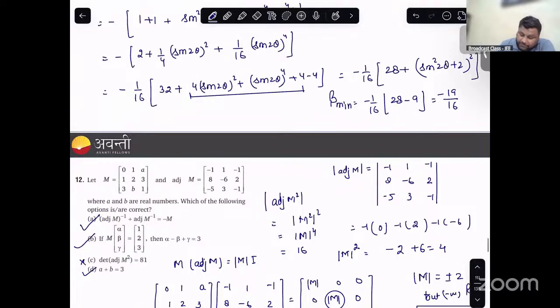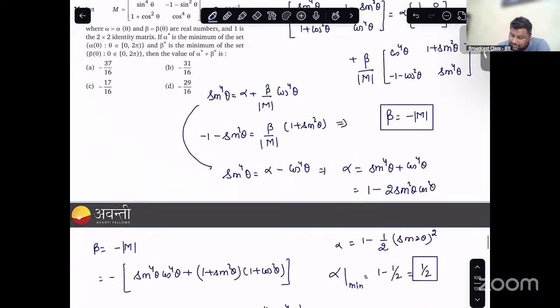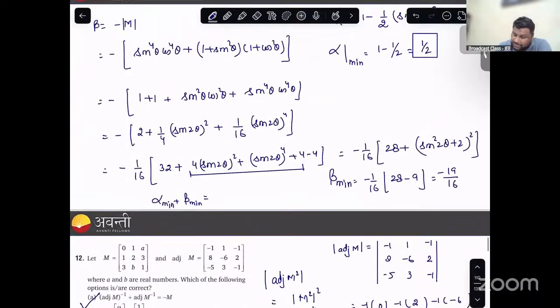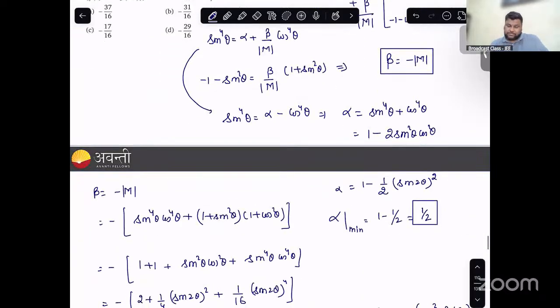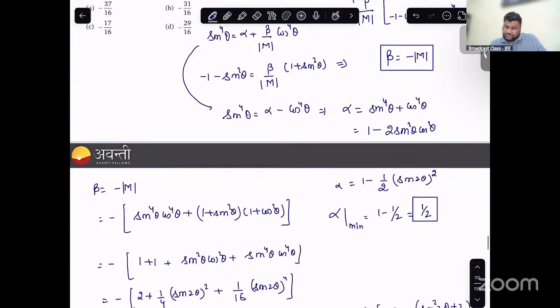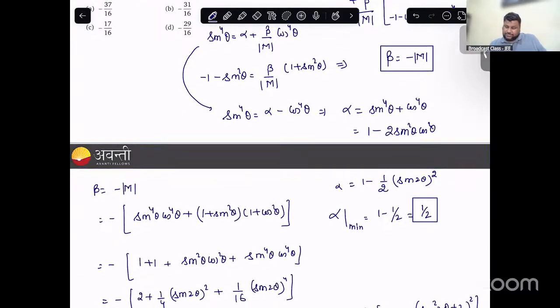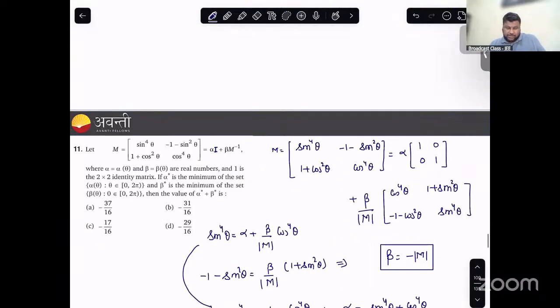Now they are asking for alpha minimum plus beta minimum. Alpha minimum is 1 by 2, minus 19 upon 16. Alpha is, they're asking for alpha minimum plus beta minimum.